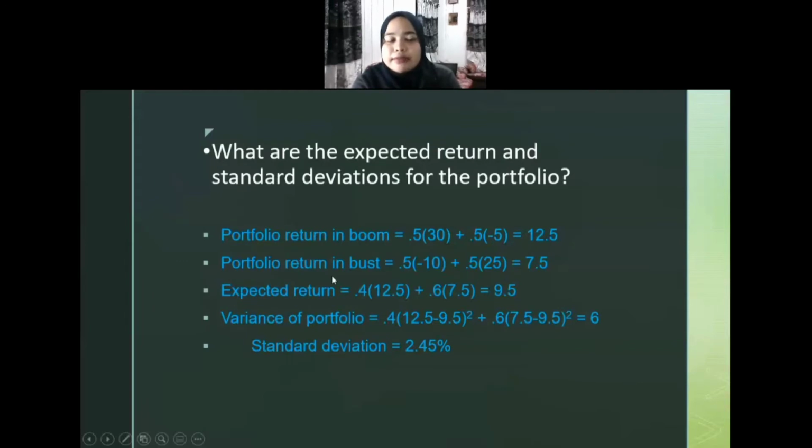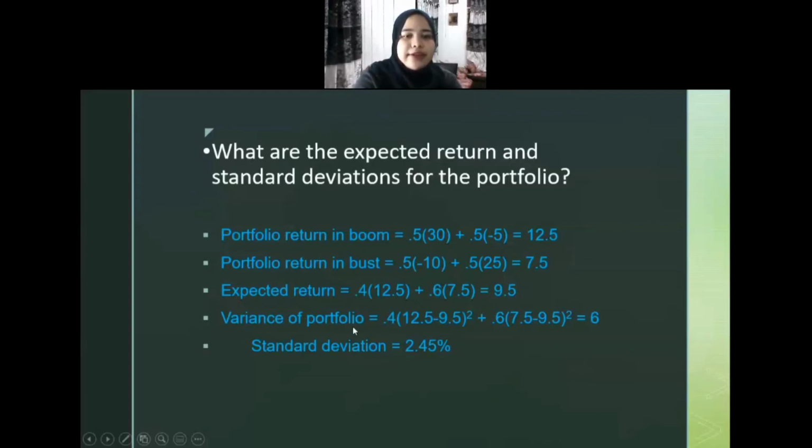And for the portfolio return in bust, we will take 0.5 multiplied by negative 10 plus 0.5 multiplied by 25 and we will get 7.5. So to calculate the expected return, we will multiply the probabilities with the return of each state. For this one, we will take 0.4 multiplied by 12.5 plus 0.6 multiplied by 7.5 and we will get 9.5.